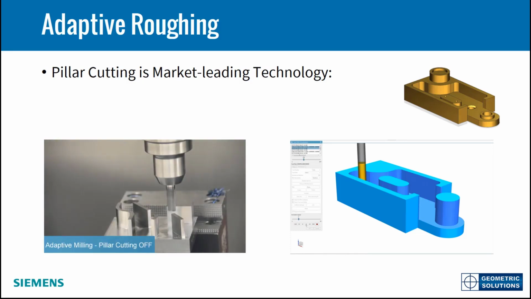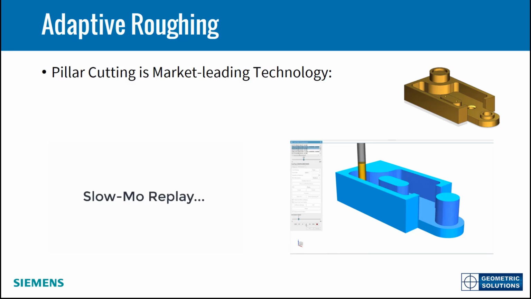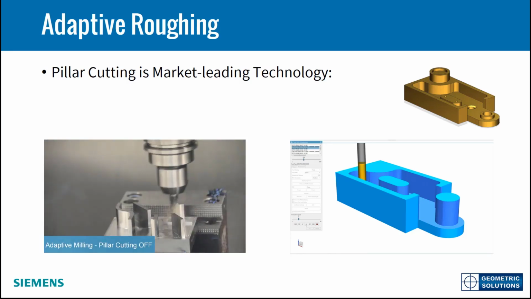Done. Easy, right? But what happens actually in the real world? Bang! Did you see that? We're going to do a slow-mo replay. Now really watch. When it gets towards the end, there's so much pressure on it that last piece of the pillar actually becomes a projectile.